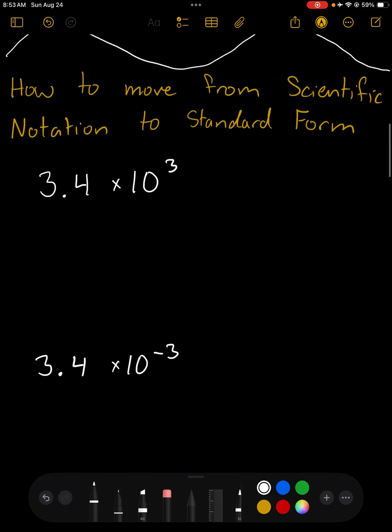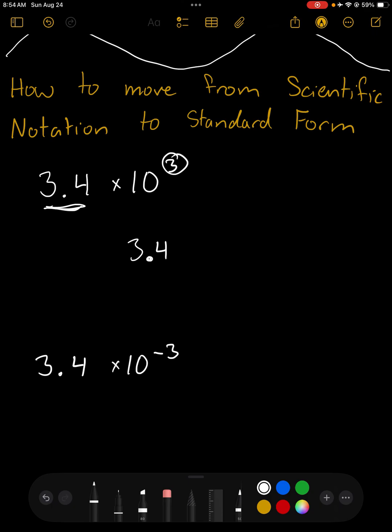So, how do you move from a number in scientific notation to a number in standard form? Well, that's pretty easy. All you do is you take the regular looking number, the coefficient value, 3.4, and you take the exponent value, and the exponent is going to tell you how many places to move your decimal point. So in the number 3.4 times 10 to the third, we are going to end up moving our decimal point 3 places.